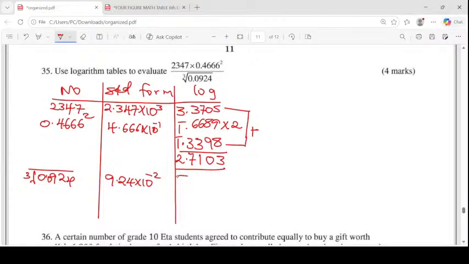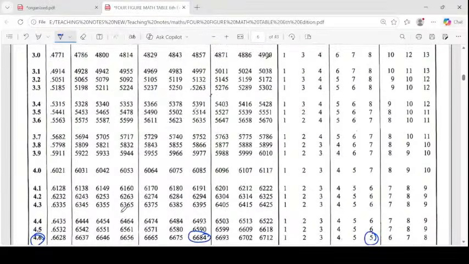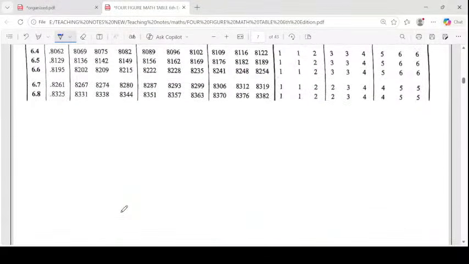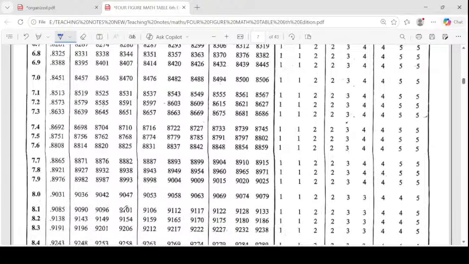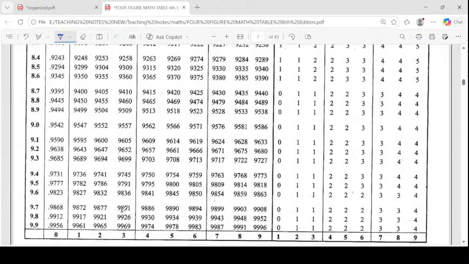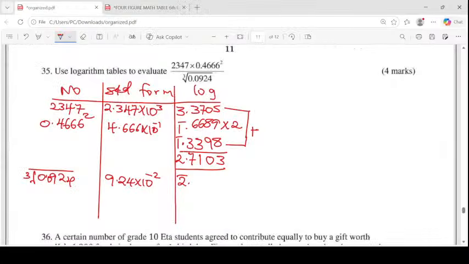So this will become bar 2 point 9.2, then 4. 9.2 is here, then the 4 is here. That is 9657. Now, because they are saying the cube root, here we are going to divide it by 3. And now this is where the drama comes in.